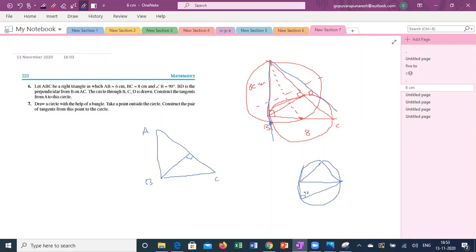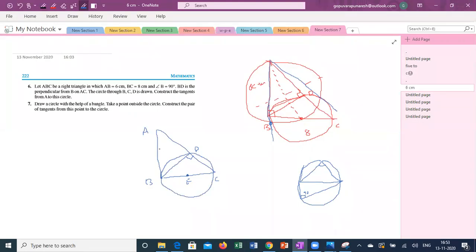Am I right? Yes, sir. So take the midpoint of BC, that is E. If you draw the circle from E, automatically BC is the diameter. That is what indirectly he is saying.